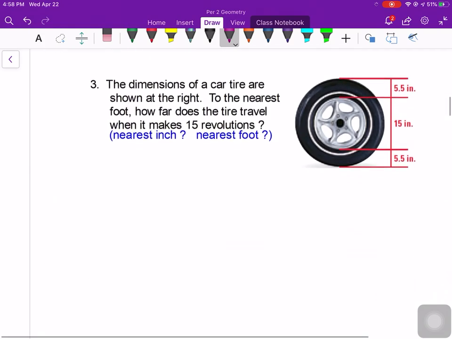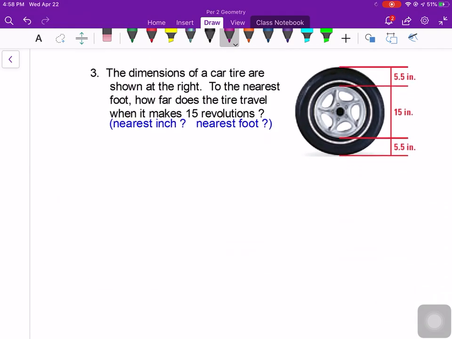Now, in problem number 3, it asks us to find the distance traveled in 15 revolutions. And to find the distance traveled in 15 revolutions, we'll find the distance traveled in each revolution. And in each revolution, we'll travel one circumference.